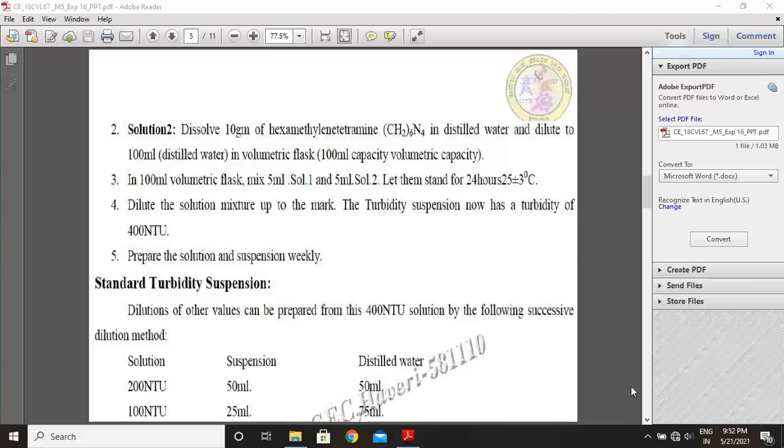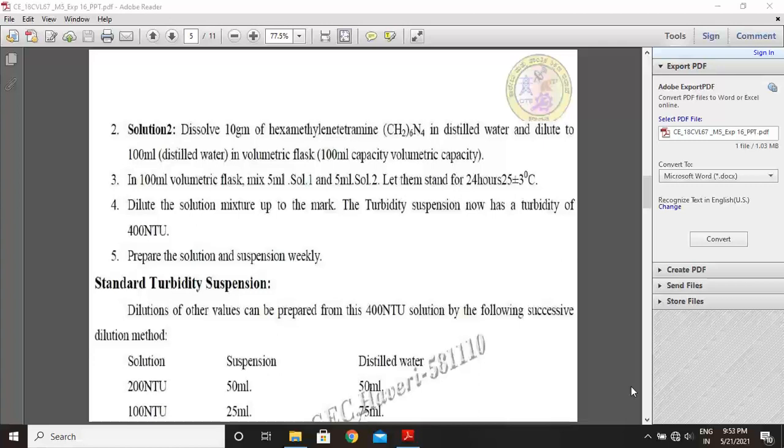After 1 day we fill with double distilled water and maintain the equal volume of 100 ml in the volumetric flask. Then this solution becomes 400 NTU. You repeat these steps every week, that is, prepare the solution and suspension weekly. So this is the procedure to prepare solution 1 and solution 2.